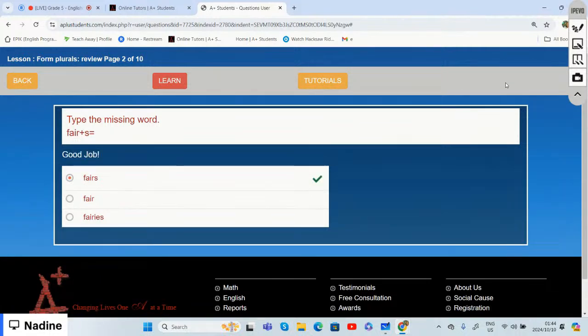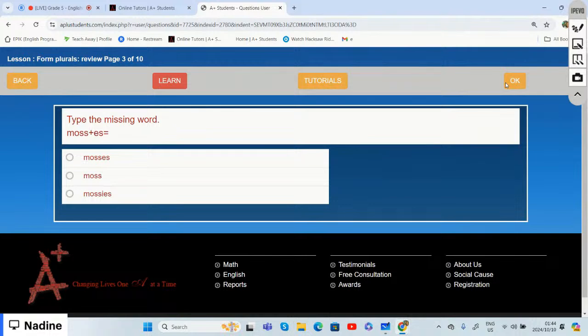All right. Moss plus es. And if we were to choose the correct one, we will choose option one for mosses.